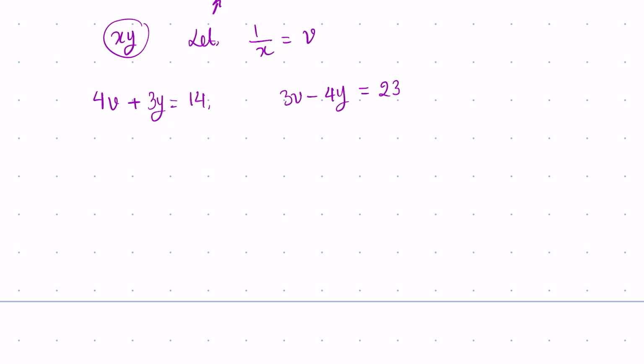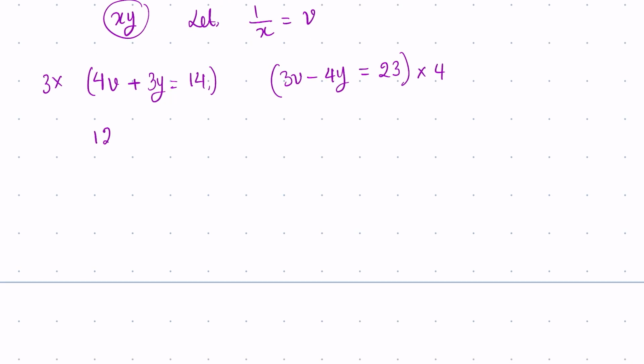Let's multiply 3 to this equation and 4 to this equation. So we have 12v plus 9y is equal to 42, and we have 12v minus 16y is equal to 92.